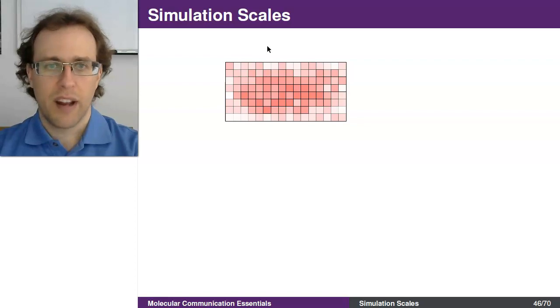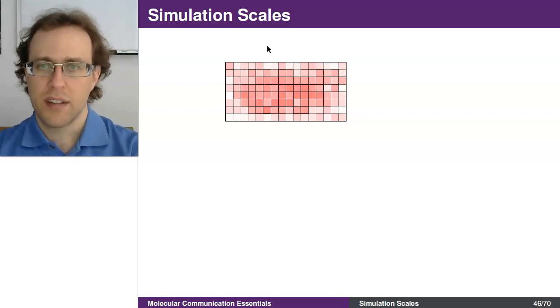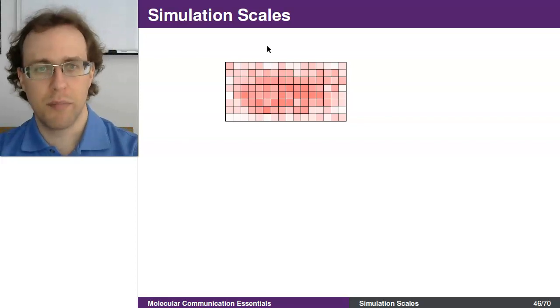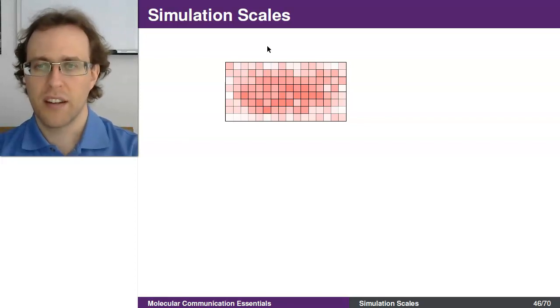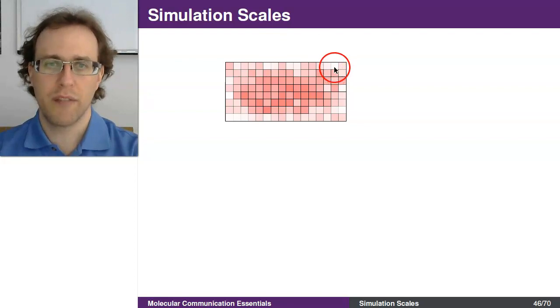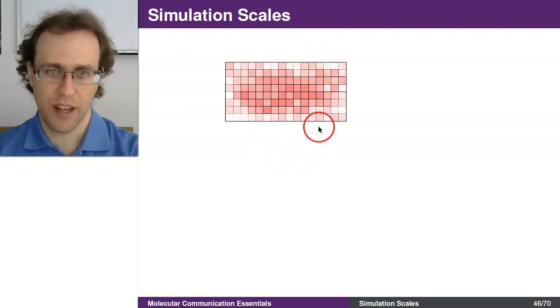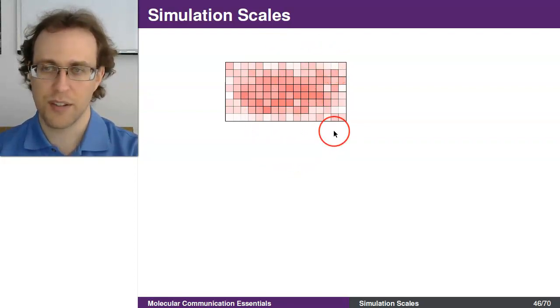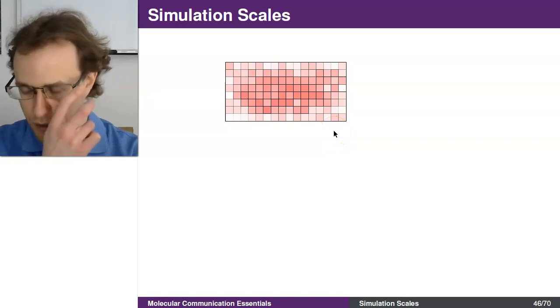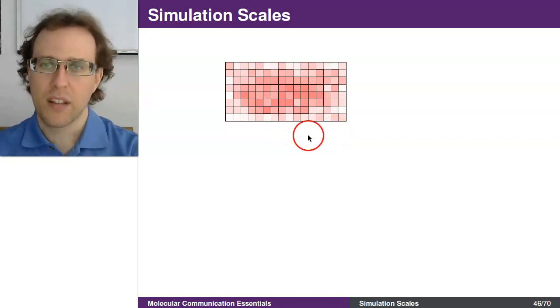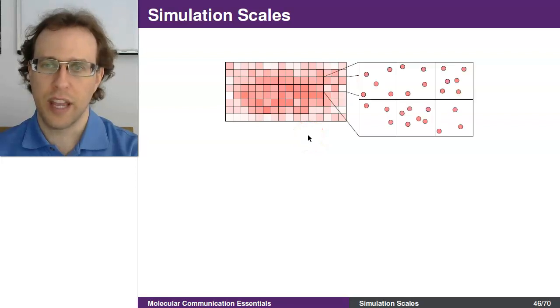But finite element analysis is an example of a continuum-based approach, and it's useful when you have very, very large molecule values over the space of interest, so enough to assume that you have analog concentrations. So this continuum approach is good for very large molecule counts.